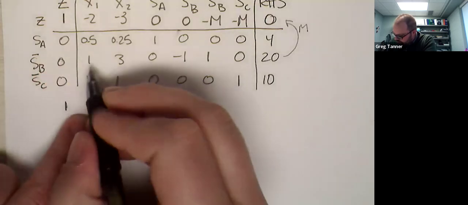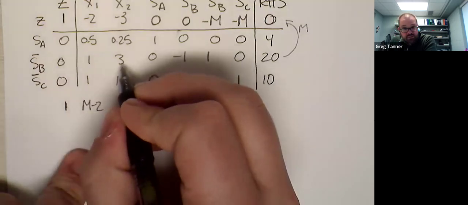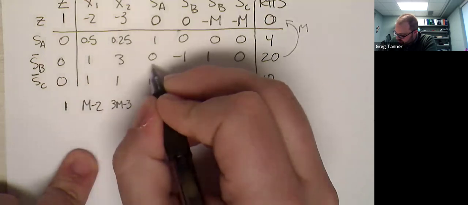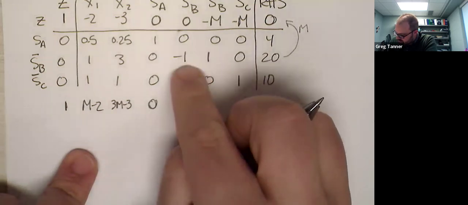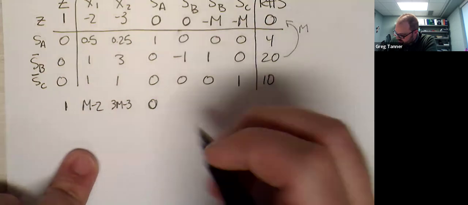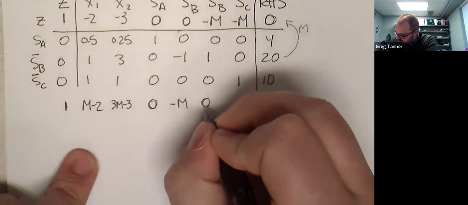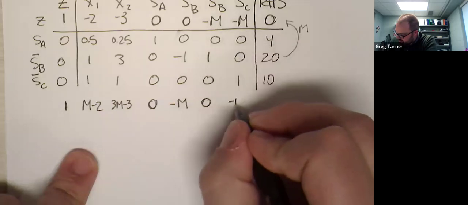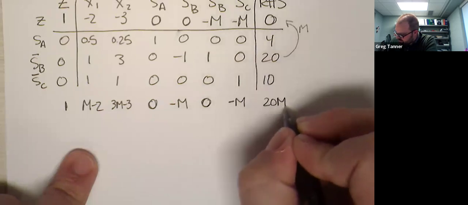I'm going to have a big M minus 2. 3 times big M minus 3, so 3M minus 3. 0 times big M plus 0 is 0. Negative 1 times big M plus 0 is negative big M. Big M times 1 plus negative big M zeroes that out, which is what we wanted. And 0 times M plus negative M leaves us a negative M there. And 20 times big M is going to give us 20M here.